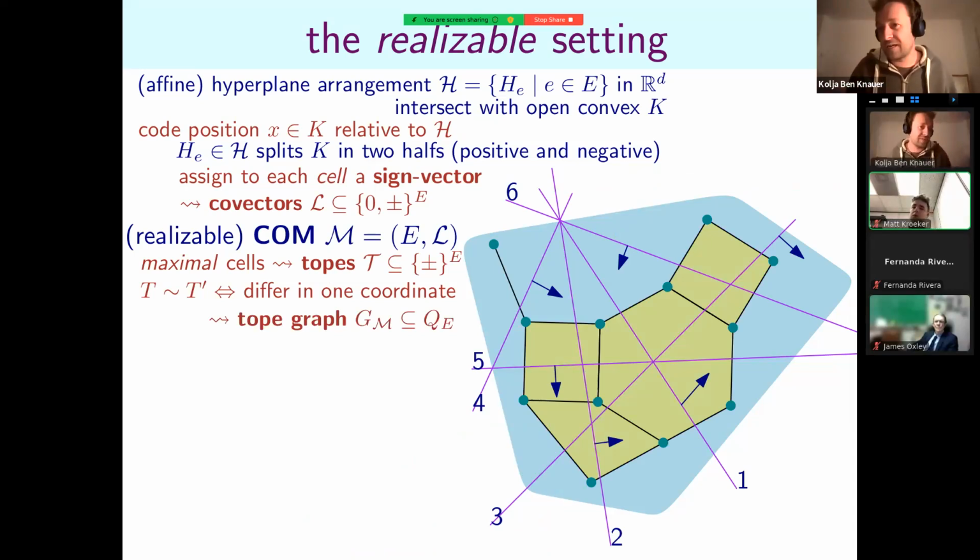The tope graph assigns one vertex to each of these maximal cells and makes two of them adjacent if they are separated by just one hyperplane. Since you can also see these as sign vectors, two are adjacent if they differ in one entry. So this is a subgraph of the hypercube graph of dimension E.